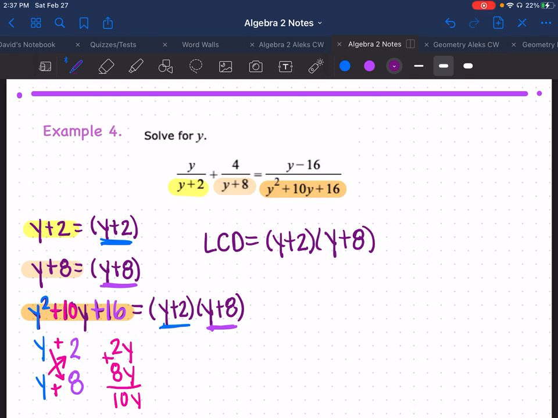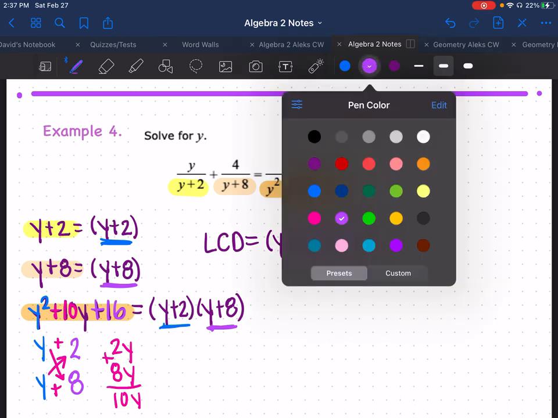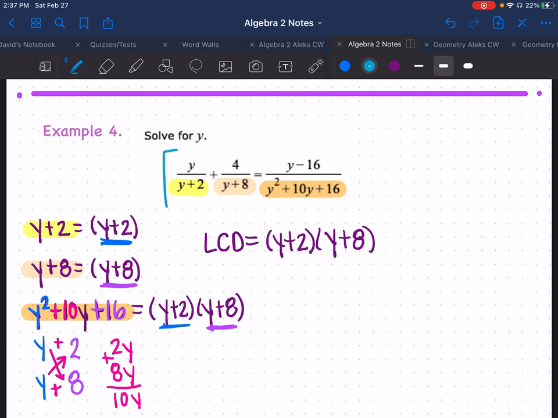So I'm going to grab this guy and multiply this side of my equation times my LCD.